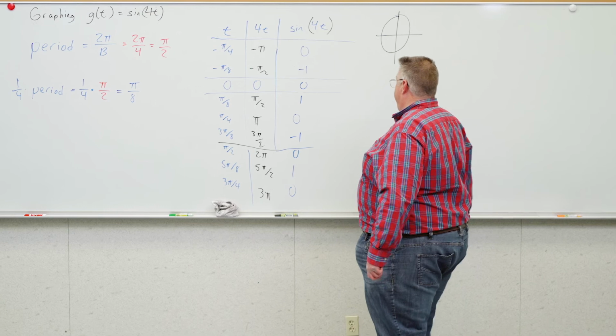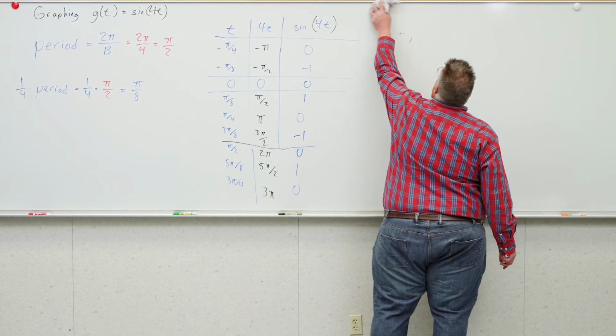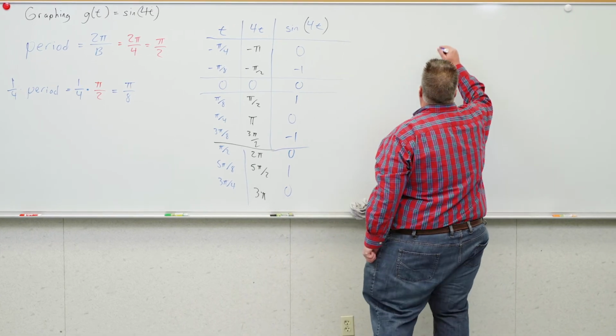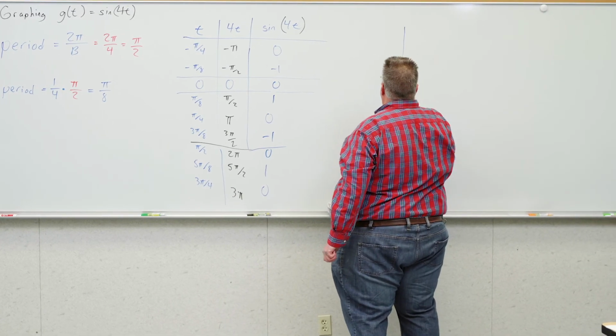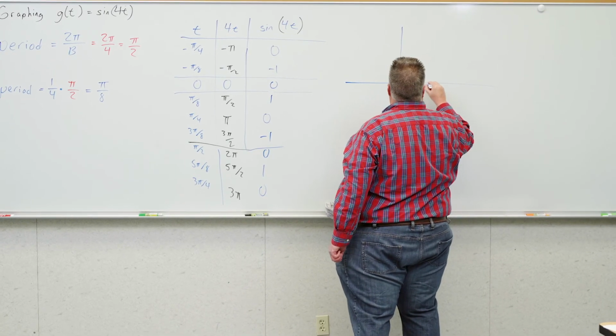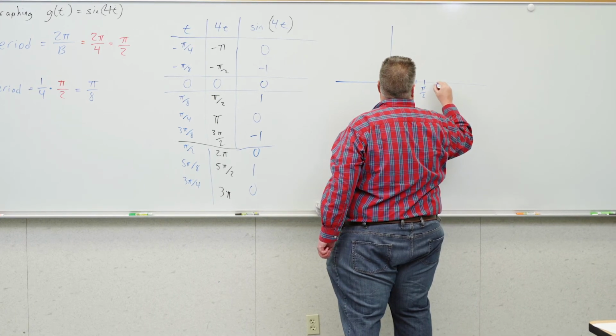How do I want to label my axes? Well, now I've got key points every pi over 8. And again, I don't want to put numbers on all of those necessarily, but at least let me put a hash mark every pi over 8. And 4/8 makes pi over 2.